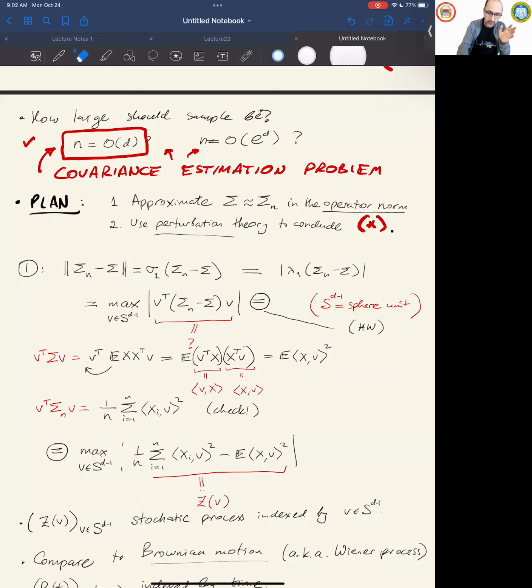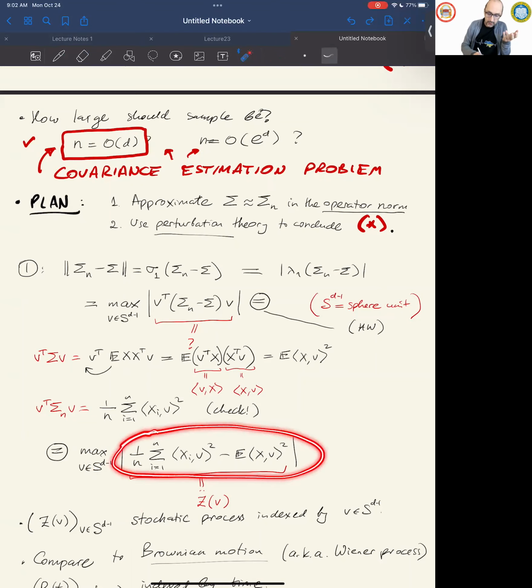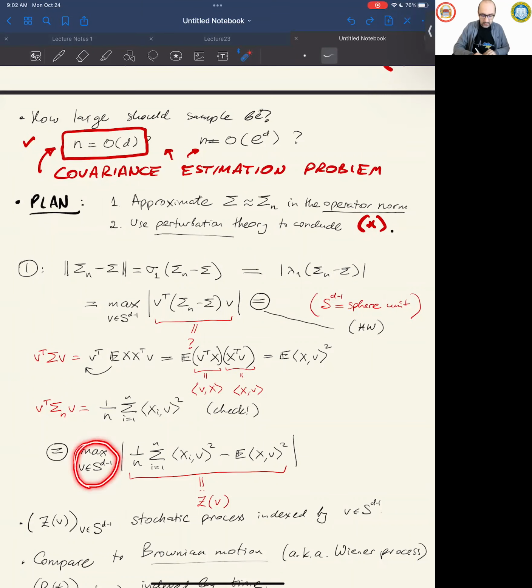And then we will use one of these inequalities. I can't even remember which one, maybe Hoeffding's inequality, for example, or Bernstein. For each V separately, this is a sum of independent random variables. And so it has a very nice exponential concentration. So we'll bound it with exponential confidence, which will be enough to counteract the exponential complexity of the net.